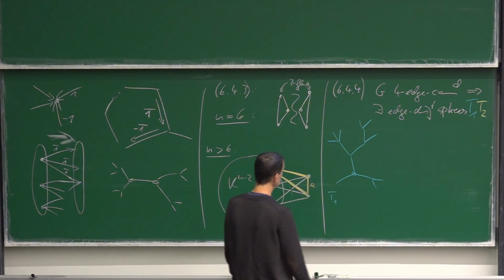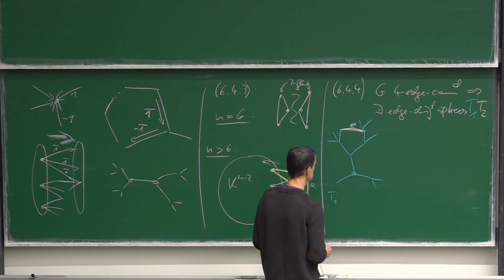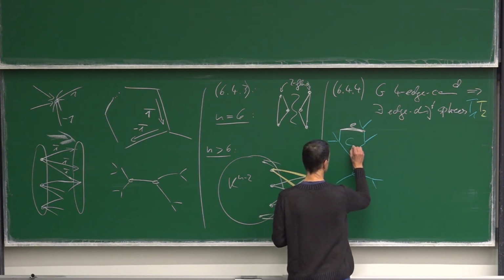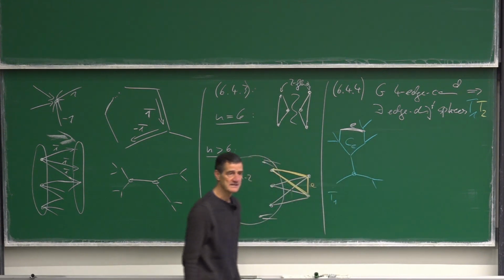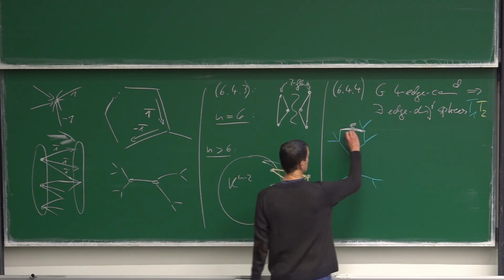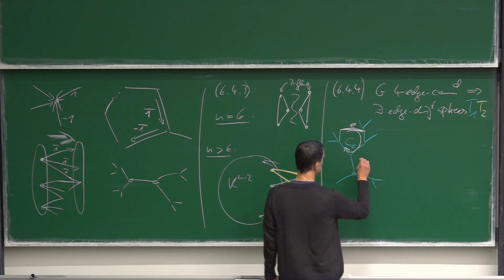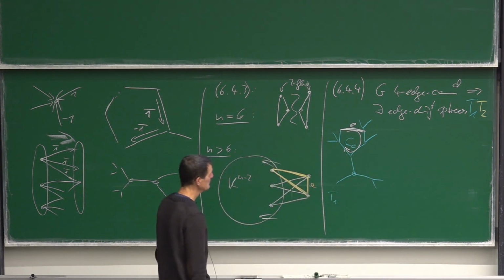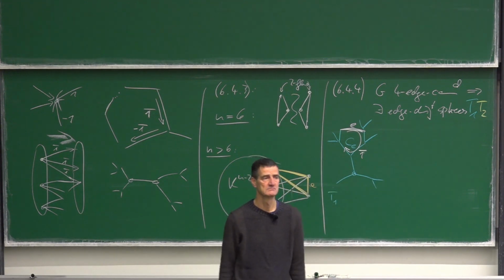And one thing we can do is make all the chords happy. So if we have a chord here, like e, we can look at the fundamental cycle defined by e with respect to the spanning tree T1. And then we can send a Z4 flow of value 1 around this cycle, either way around.